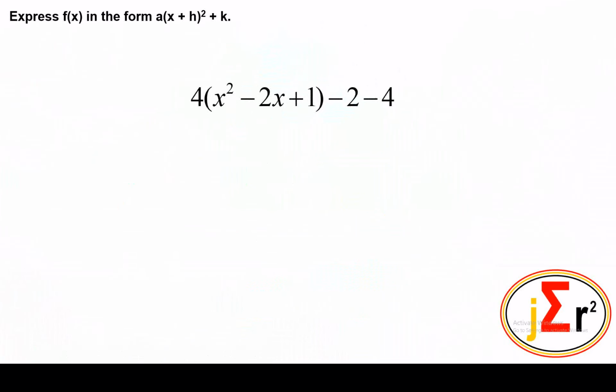We begin where we left off. How do we complete the square? The 4 will go to the next step just as it is. But x squared is there. What do we square to give x squared? The square root of x squared is x. X will go there. Also, we have the middle term.